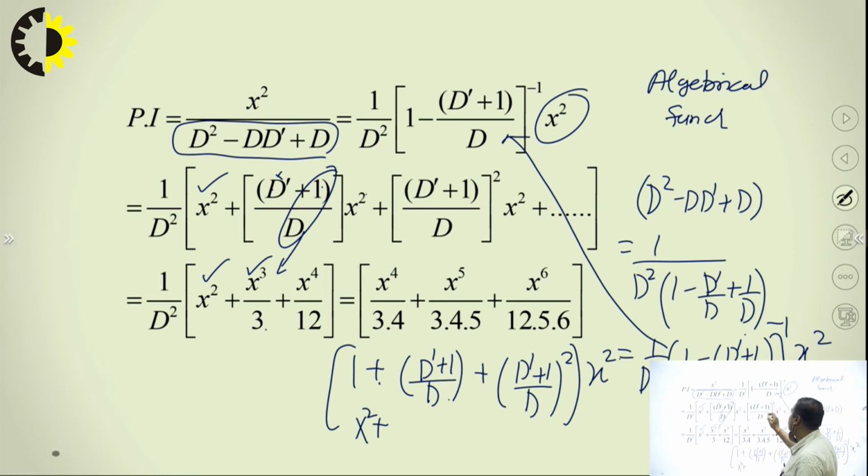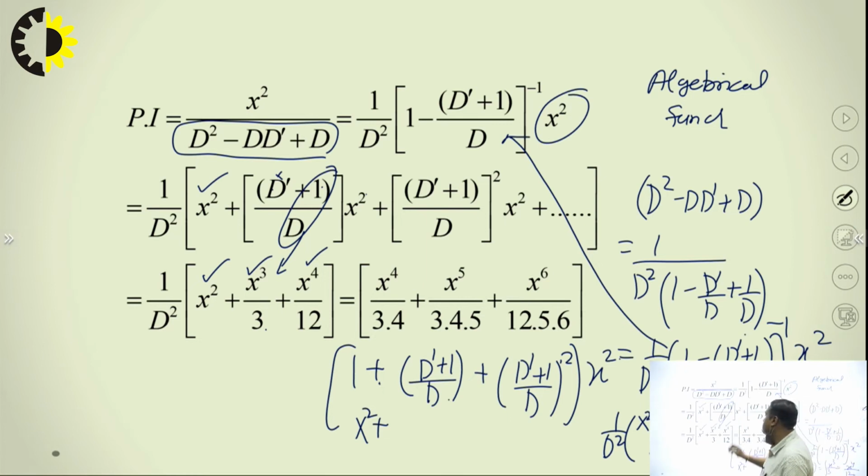Here D dash square term is useless. 1 upon D square into x square is 2 times integration, and that becomes x power 4 upon 12. x cube upon 3, one integration, and again integration gives x power 4 upon 12.